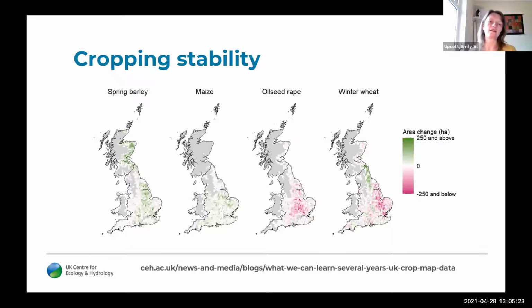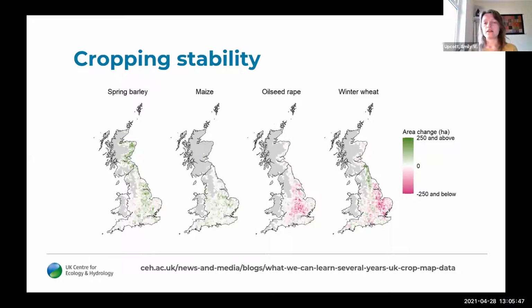Likewise, maize in the second one seems to be increasing in general. The third one is oilseed rape, which seems to be decreasing quite a lot through its core, its central range. And you might not be able to see it, but there are some cells towards the edge of its range where it does seem to be increasing.